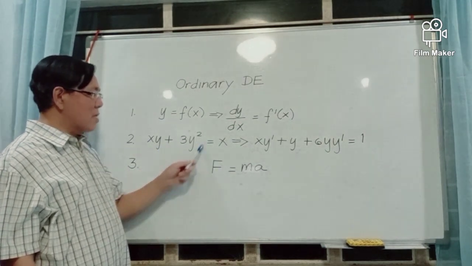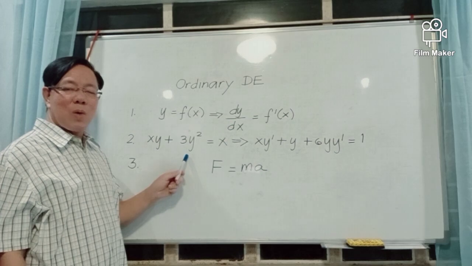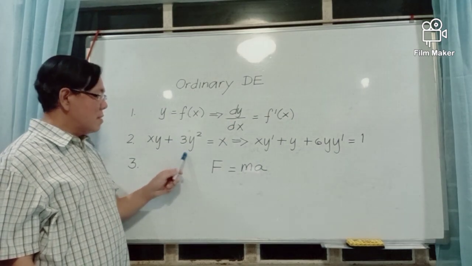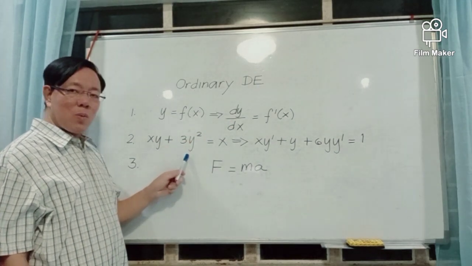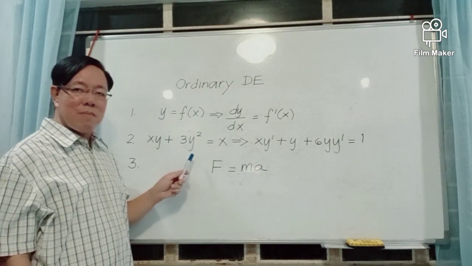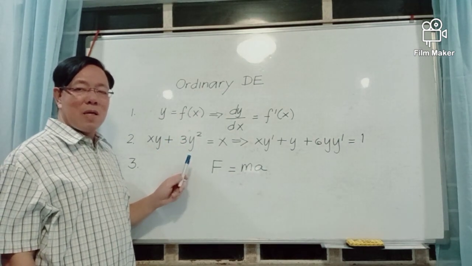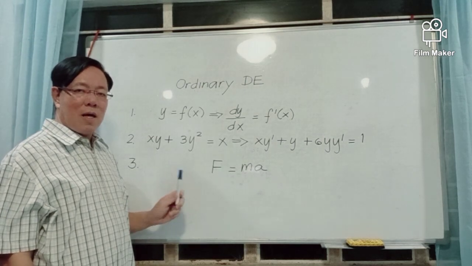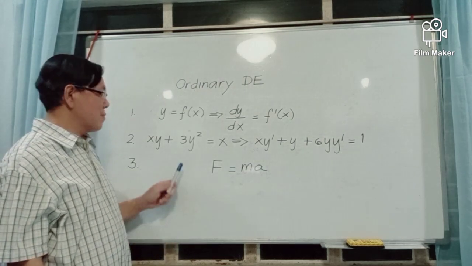Plus, we get the derivative of 3y squared. Differentiate this with respect to y and multiply the derivative of this by y prime because y is a function of x, and that's by chain rule.